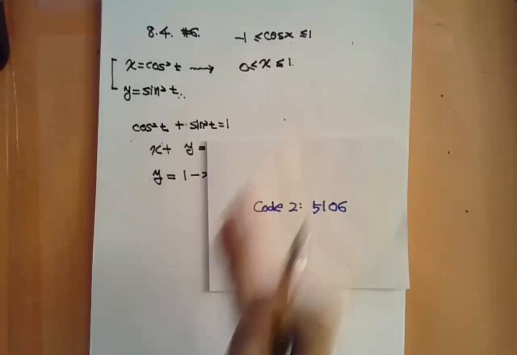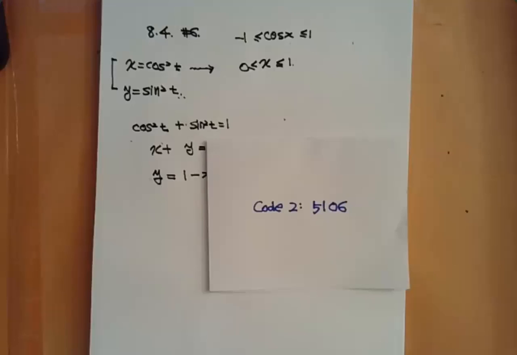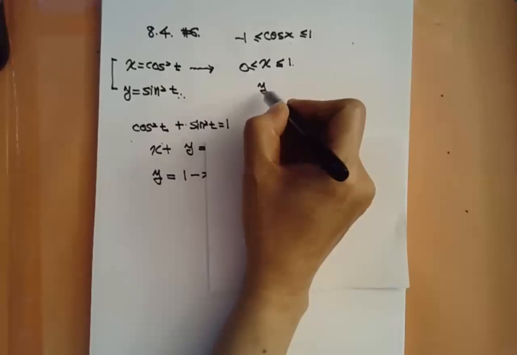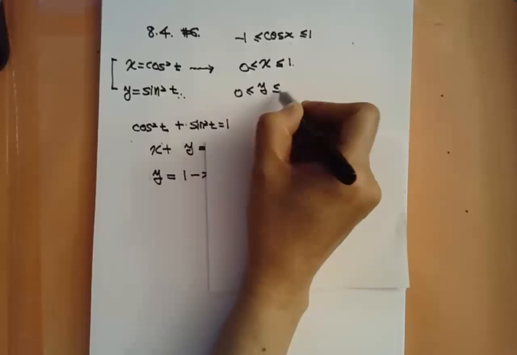When you square that, it'll be greater than or equal to 0. And 1 squared is the largest number to square, that is 1. With the similar reasoning, y is between 0 and 1, right?